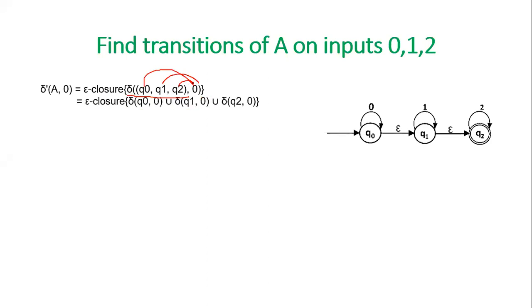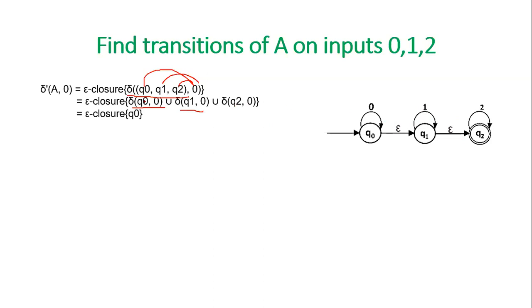So tell me, what is the value of Q0 comma 0? Q0. Okay. What is the value of Q1 comma 0? Null. Q2 comma 0? Null.